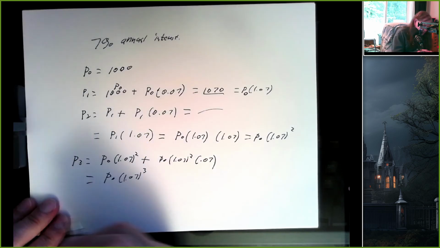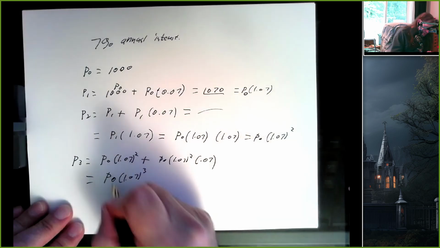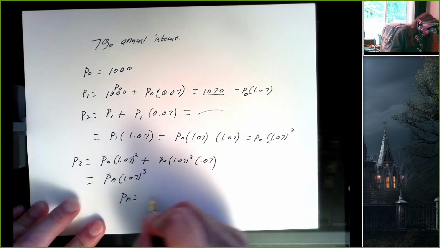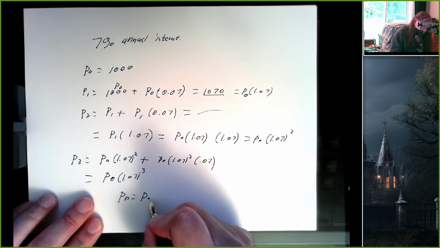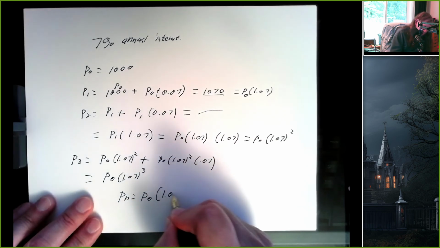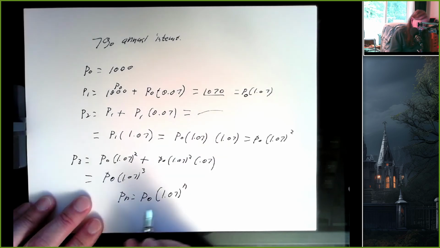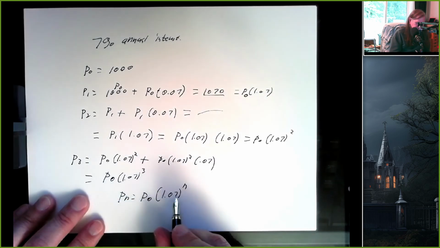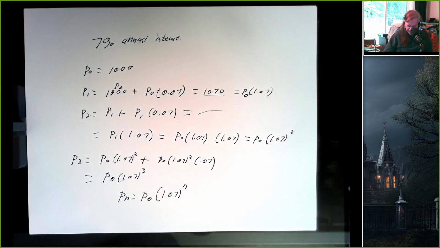And so you can extrapolate from this and find that after n years, what you have in your bank account is your initial balance multiplied by 1.07 to the n, where n is the number of years. So that's a basic formula for compound interest.